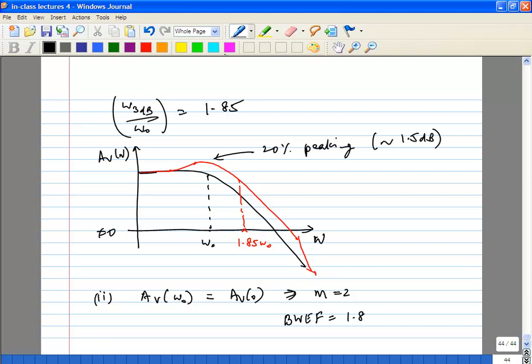What you are only putting is the constraint that at omega naught it should be the same as DC. You will still observe a little bit of peaking after that, but much less, maybe 3% of peaking.